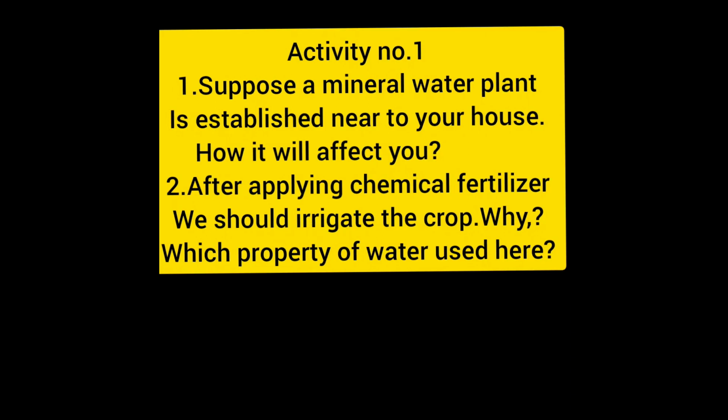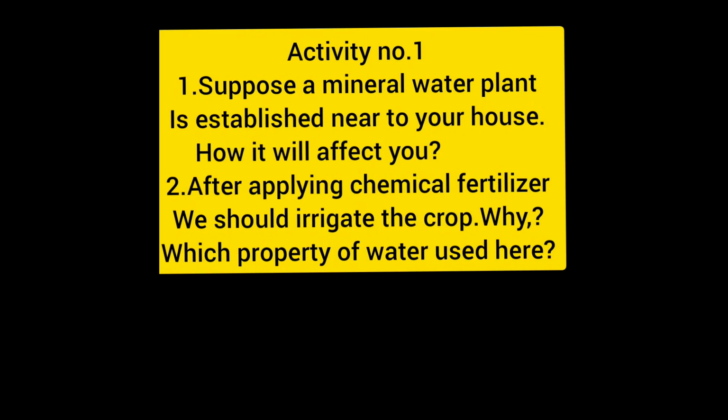And the second one: after applying chemical fertilizers, we should irrigate the crop. Why? Which property of water is used here? These are the two questions in activity number 1.